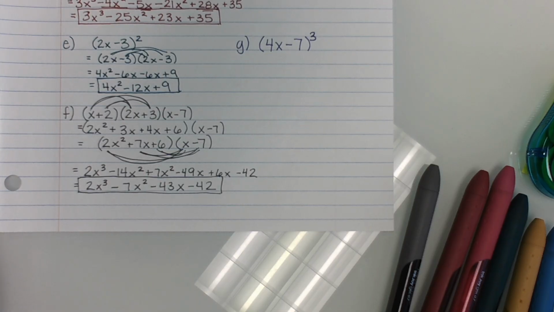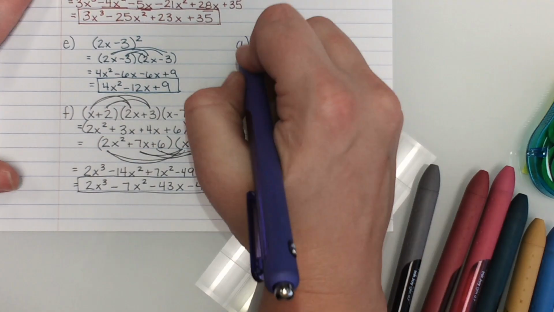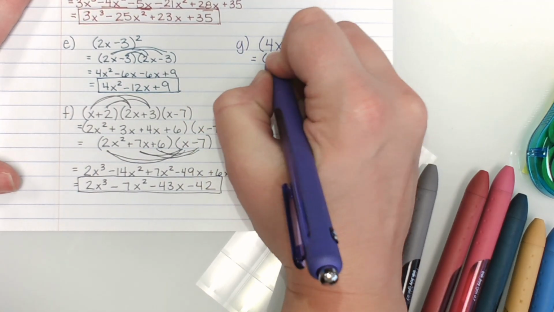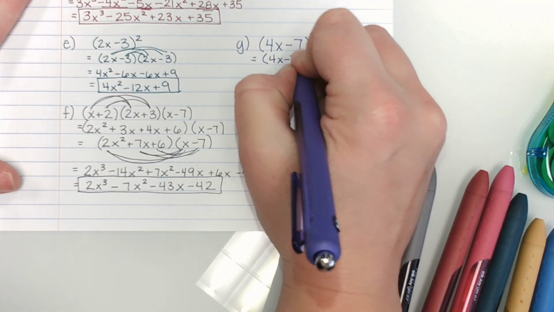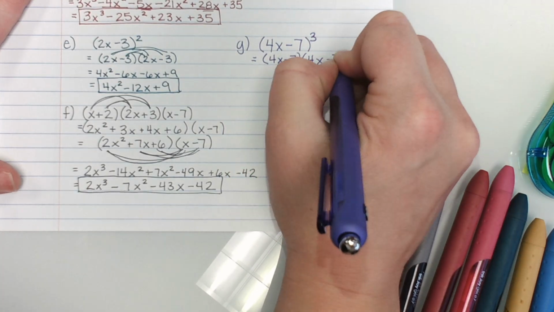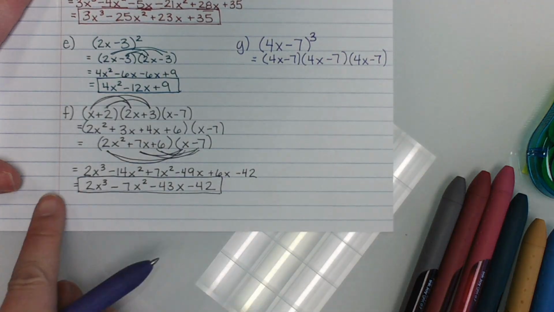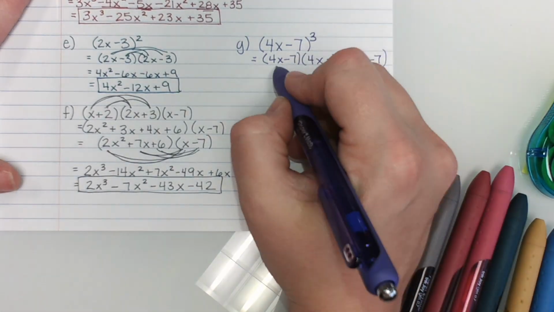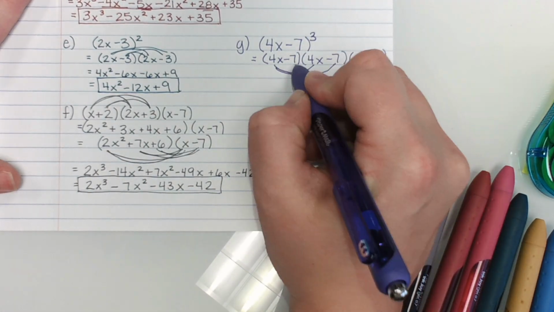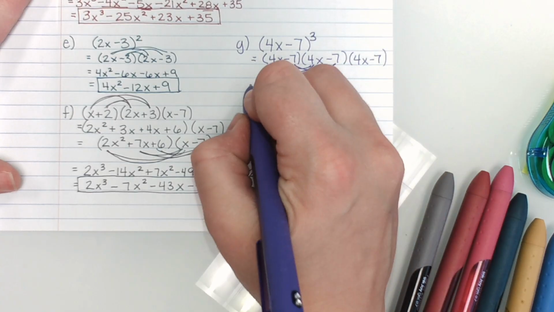Riley, how do you think I can do 4x minus 7 in parentheses cubed? How many parentheses do I need? 3. 4x minus 7, 4x minus 7, and 4x minus 7. I do the exact same thing as what I did down here then. Just have to be careful. You gotta make sure you're not just cubing the individual terms.